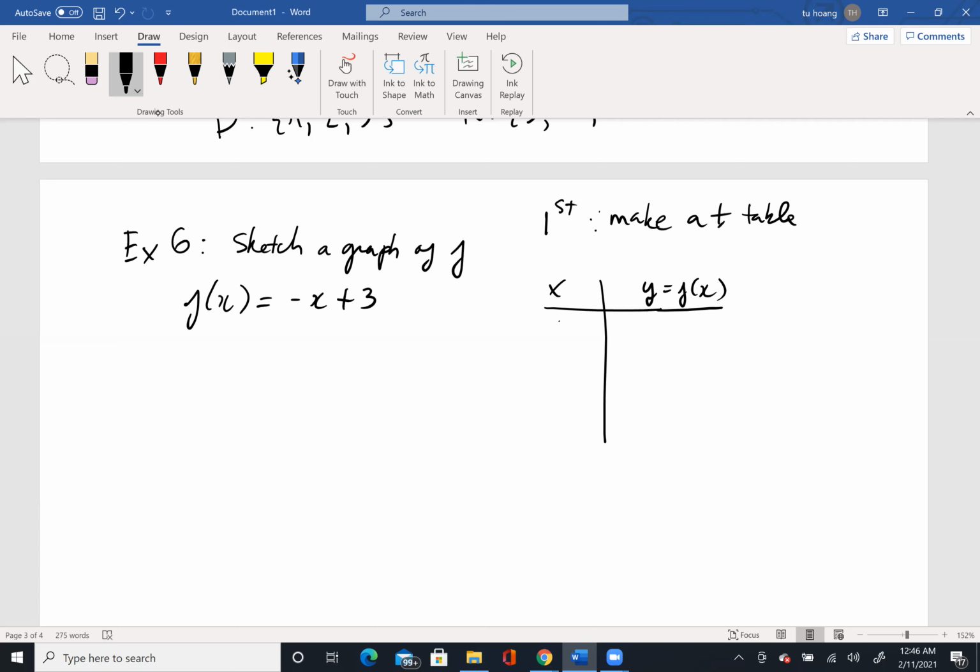So let's say x is 0, f of x is going to be negative 0 plus 3 equal to 3. And then for 1, I have negative of 1 plus 3, which equals 2. And then for 2, I have negative of 2 plus 3, which gives me 1.